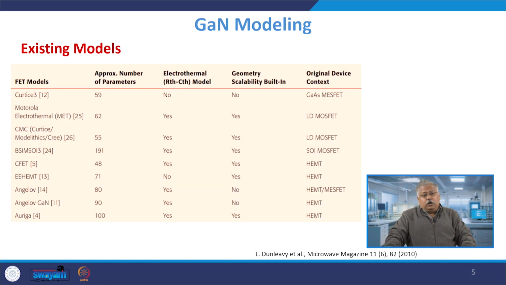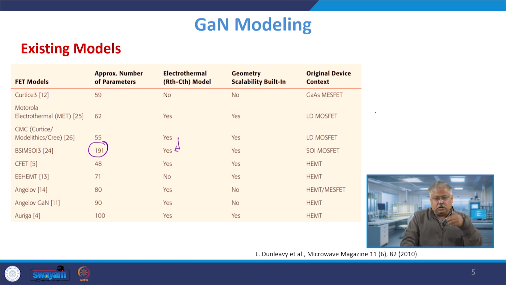Now within the GaN modeling, if you look at Curtice or even Motorola, BSIM, CFET, HEMT, typically the number of parameters for BSIM SOI is very large, and it uses an electrothermal RTH CTH model.